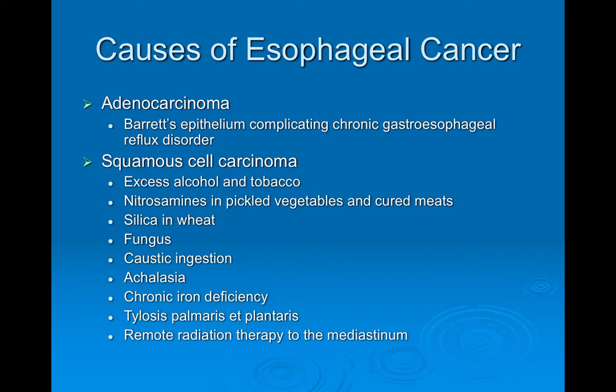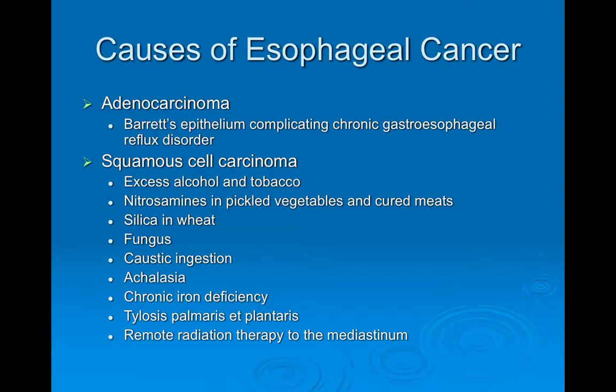Asian diets, for whatever reason, have a lot of nitrosamines in them, from the cured meats and vegetables, and so they have a higher incidence of esophageal cancer. Also, if you have chronic iron deficiency, you can get cancer. If you're a young person and you've had a thymoma, or lymphoma, or radiation to your chest, that puts you at risk for squamous cell carcinoma, really because it's exposure.